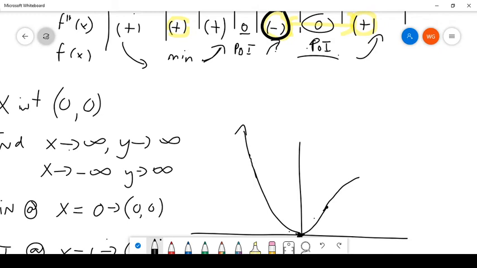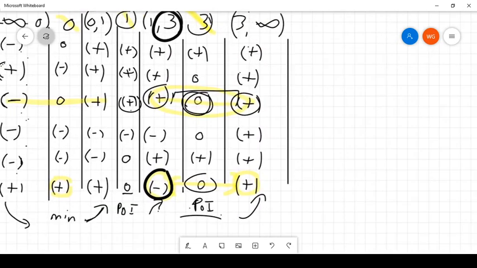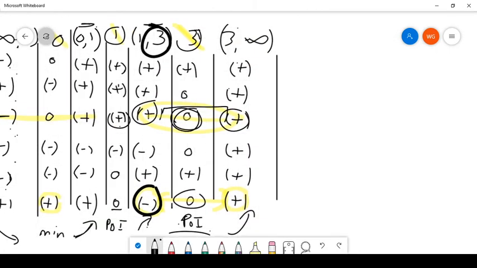We get a flat slope, as witnessed here in our chart, where with x equals 3 the slope is 0. The second derivative also turns out to be 0, but we'll see the significance of that. Then after 3, the slope turns positive again, and the function becomes concave up.